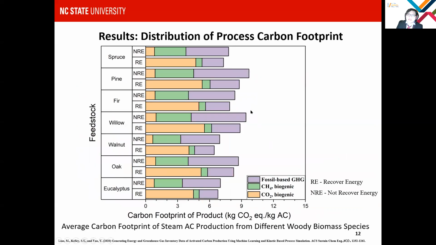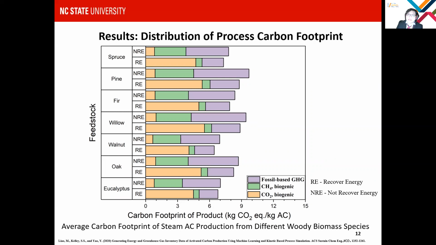Here is a figure that shows the carbon footprint of these selected woods. Their values are also very consistent, from 6 to 9 kilograms of carbon dioxide equivalent per kilogram of activated carbon. This greenhouse gas can be divided into fossil-based and biogenic greenhouse gas.